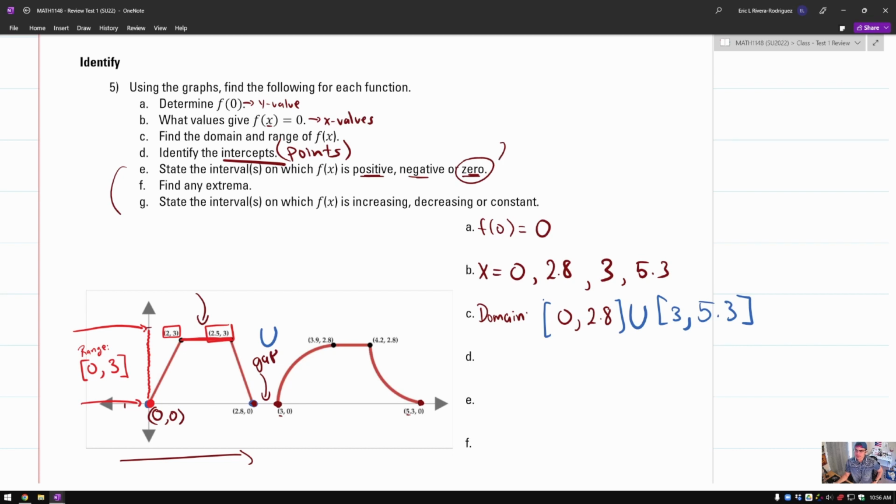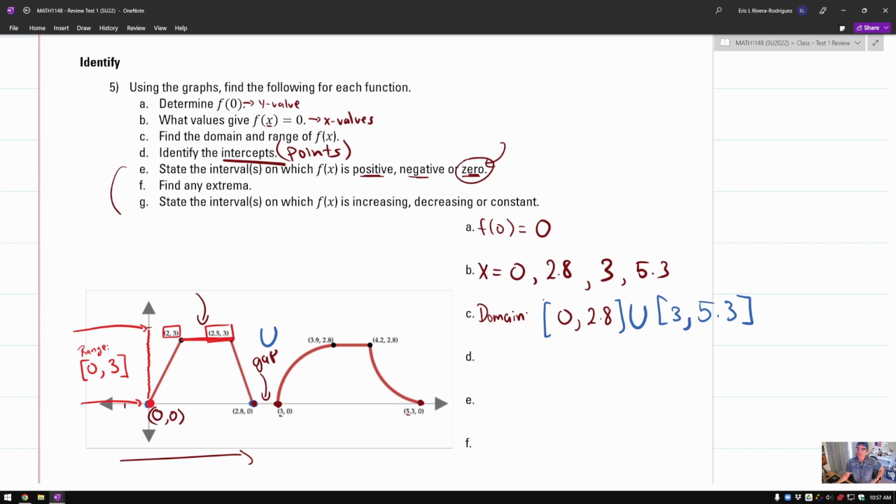Why did I put 0 here? Okay, I think you are referring to the x-axis.